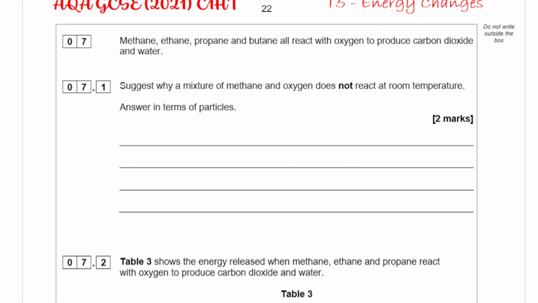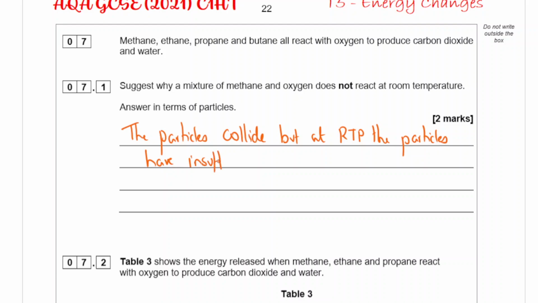So the particles collide, but at room temperature, RTP, the particles have insufficient energy to react.